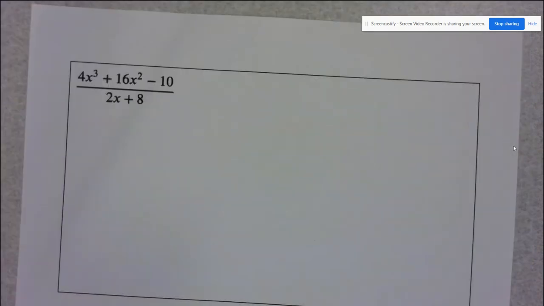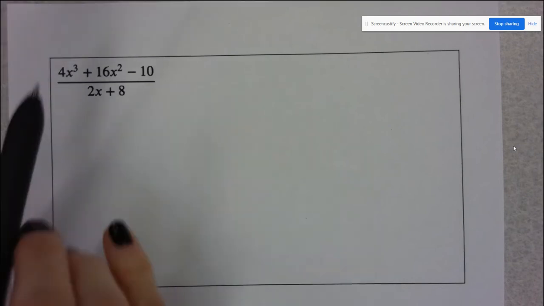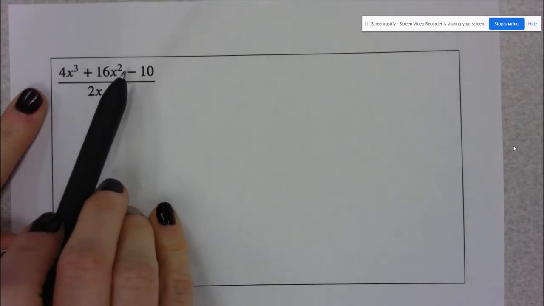So the next one we're going to look at here, I have 4x cubed plus 16x squared minus 10, and then 2x plus 8 is what's being divided into that. Doing a quick inspection here, I've noticed I have x cubed, x squared, but I'm missing x.